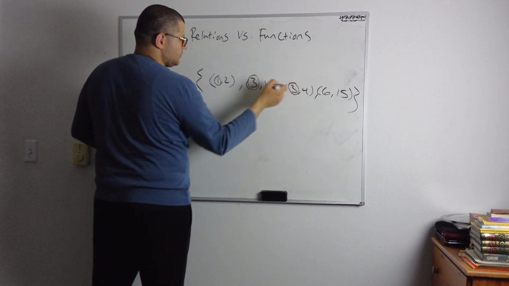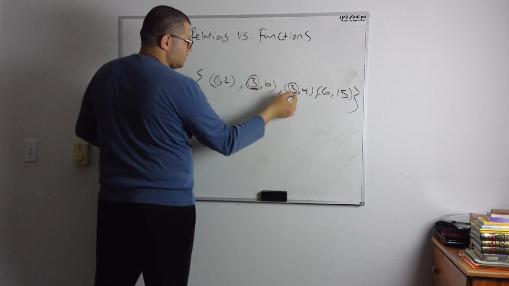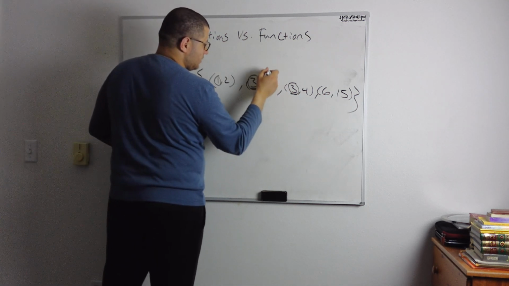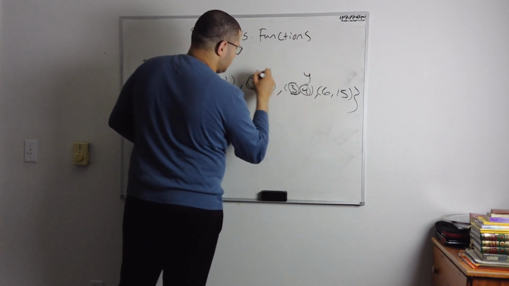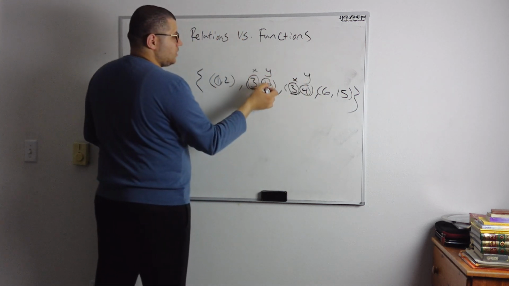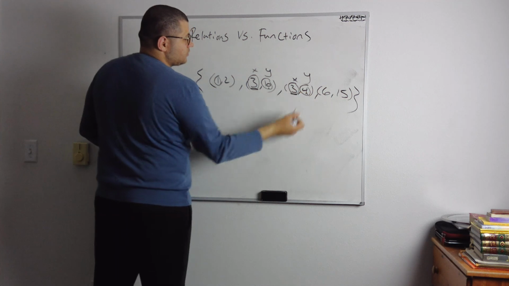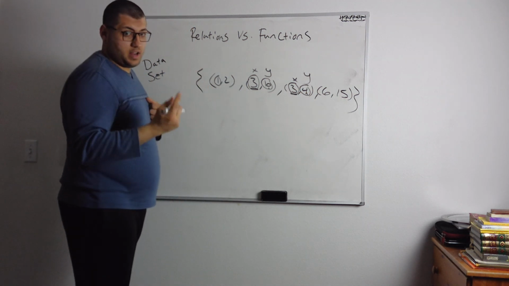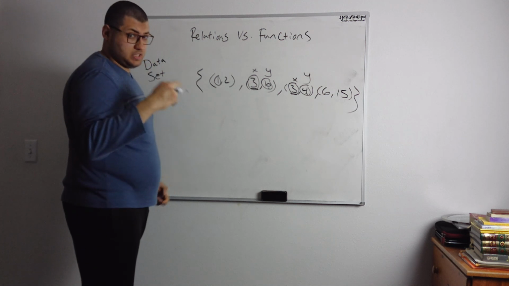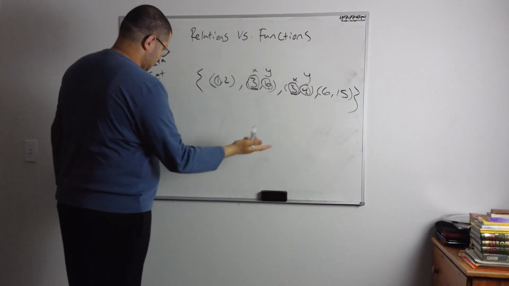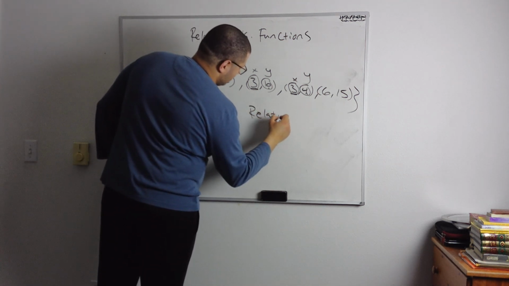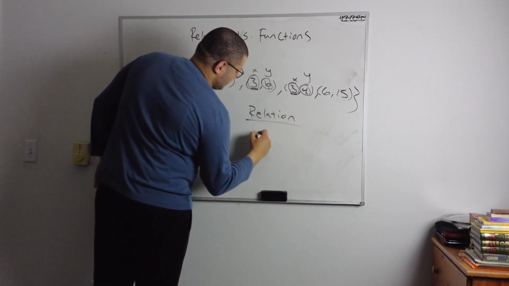Yep, there's a 3 here. A 3 and a 3, so same input value, same x value. Now let's check the y's here. The y here is 10 and the y here is 4. Different y values, different output values. So if one input value has two different output values, what is it? It is a relation, meaning it's not a function.